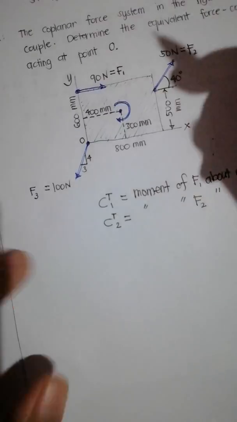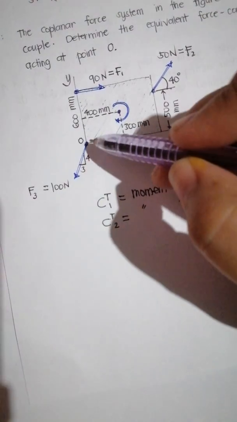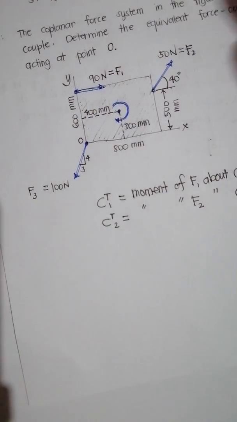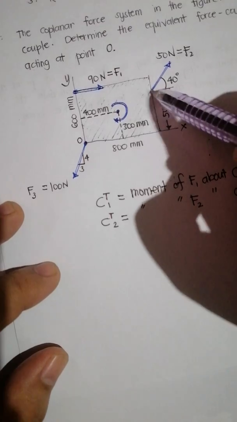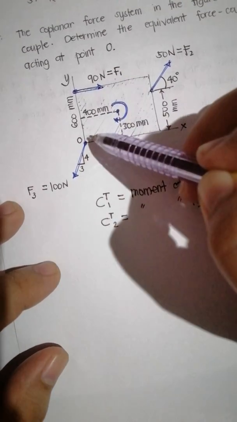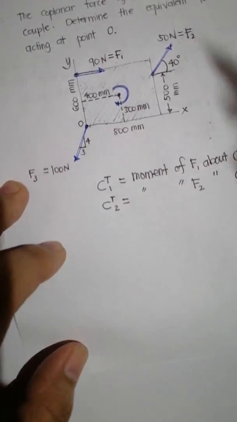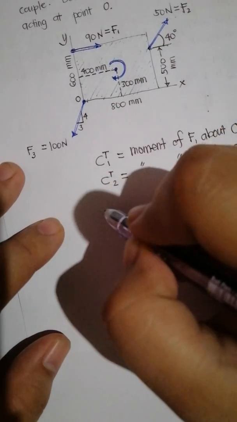This third force vector, the 100 Newton force, we don't have to transfer to the origin because it is already at the origin. Therefore, there are just two couples of transfer that will be formed by transferring F1 to the origin and F2 to the origin. So we'll have to get them first.